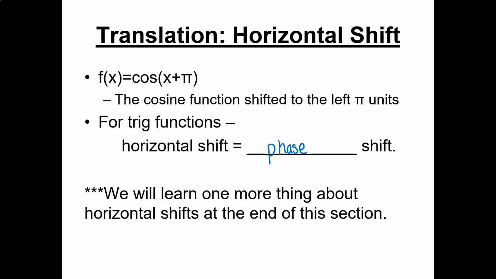They're going to work just like the shifting left and right that we did with our other graphs, but in general, the language is just different. They call it the phase shift. If you think like phases of the moon, right? Phases of the moon repeat over and over again. So phase shift just slides that graph to the left or the right to line it up with a different phase.